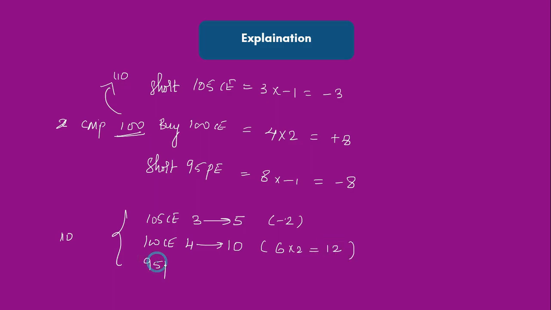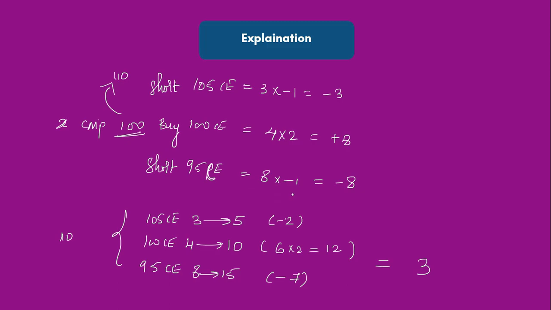And 95 call, I'm so sorry, 95 call, which is at 8, would become 15, giving you a loss of 7 rupees. So net to net, you are making 3 rupees profit if the market goes up. If the market goes to 120, then also you will make 3 rupees profit itself. You can do the calculation on your own.